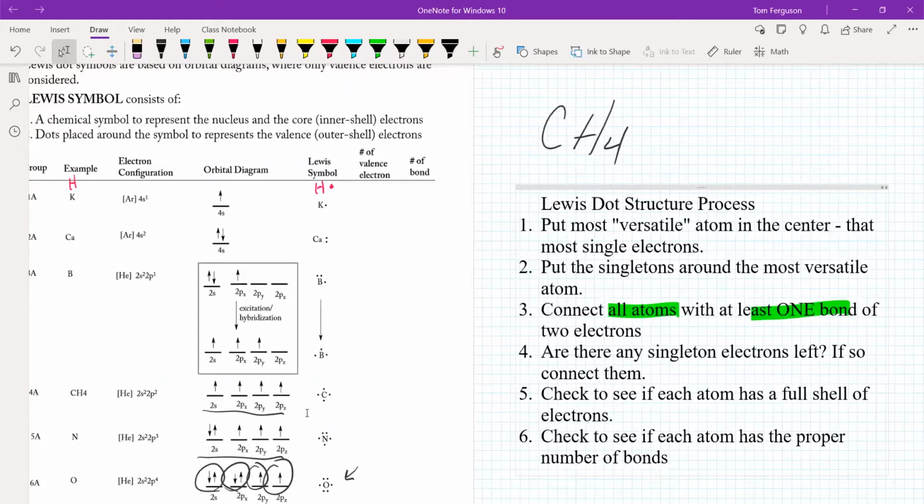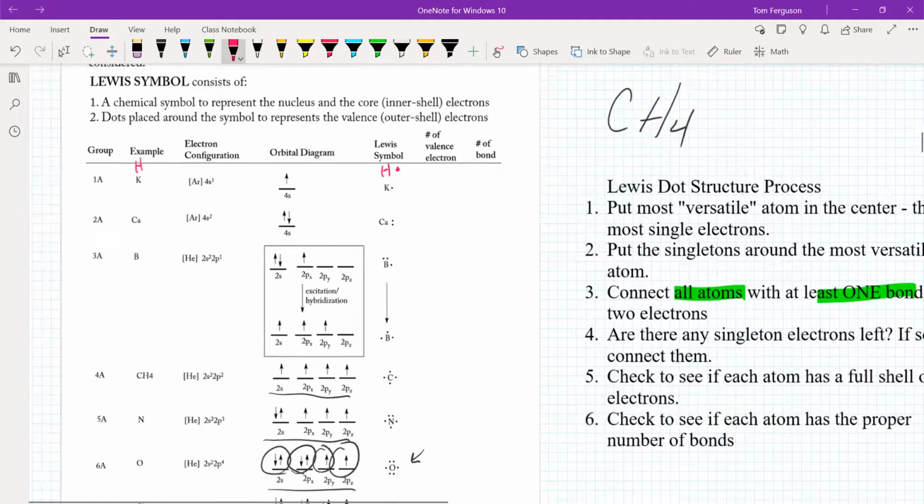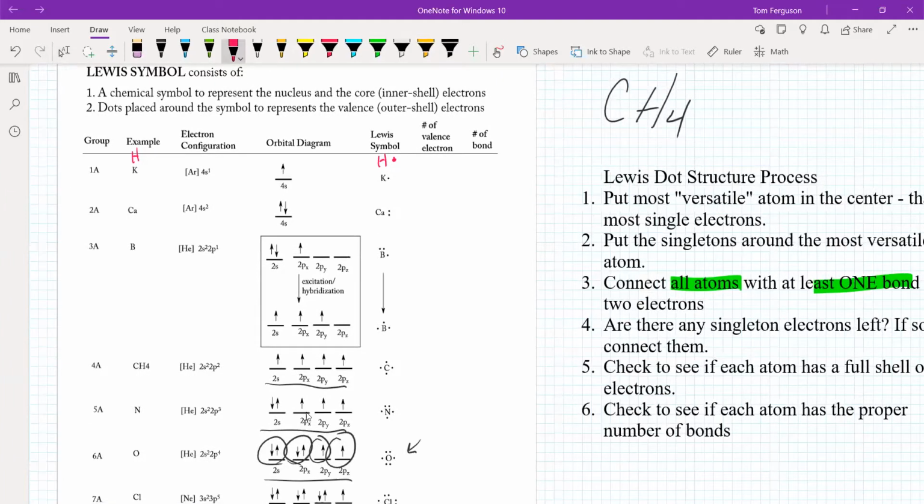So here we have number of bonds, and we need to fill that in. Hydrogen has 1 bond. Most things have 4 bonds.